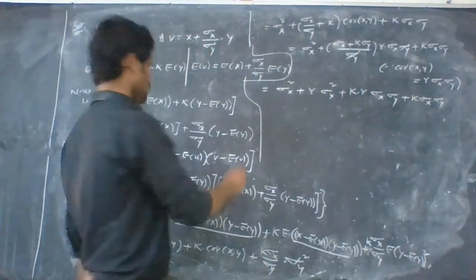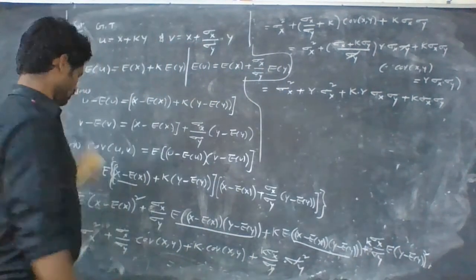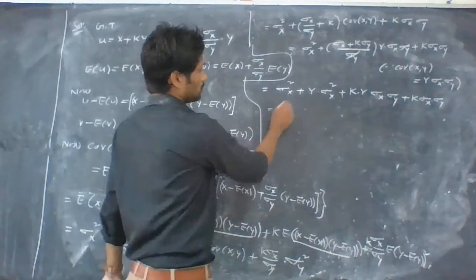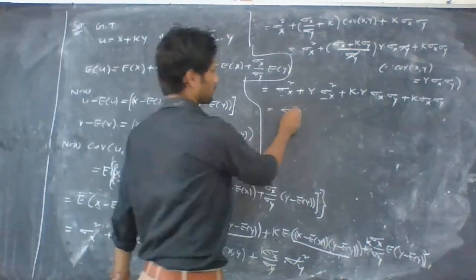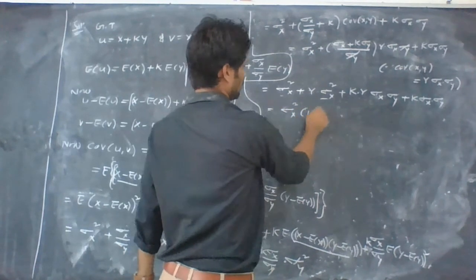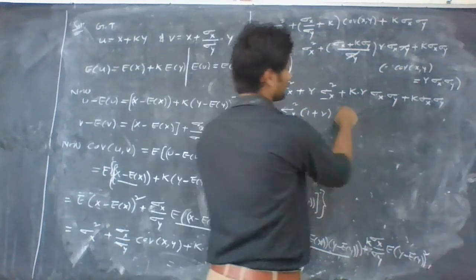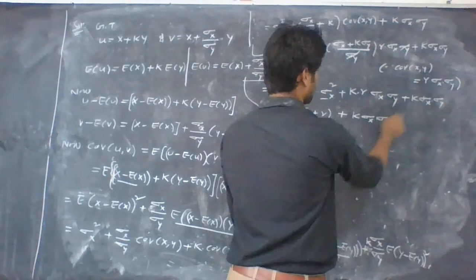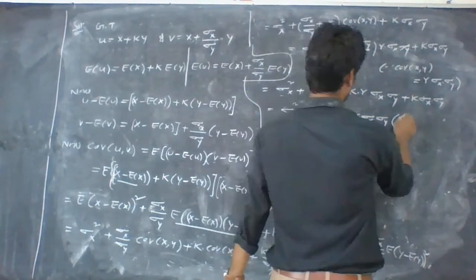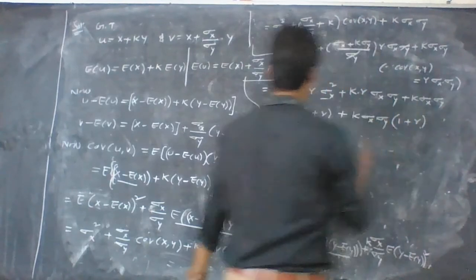Okay, and now common of sigma square x means 1 plus r, k into sigma x into sigma y, also 1 plus r.